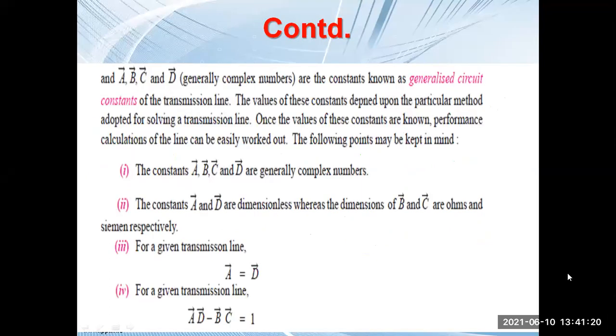Now, for a given transmission line, there are two kinds of property you have to remember. What are those two properties for this ABCD parameter? The reciprocal and symmetrical.